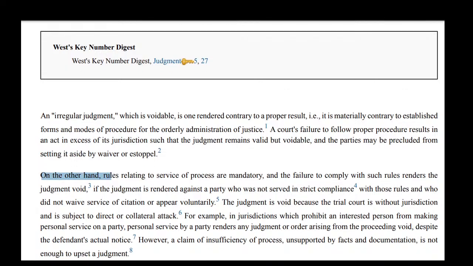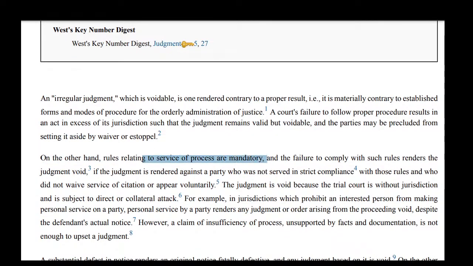On the other hand, rules relating to service of process are mandatory, and the failure to comply with such rules renders the judgment void if the judgment is rendered against a party who was not served in strict compliance with those rules and who did not waive service of citation or appear voluntarily.